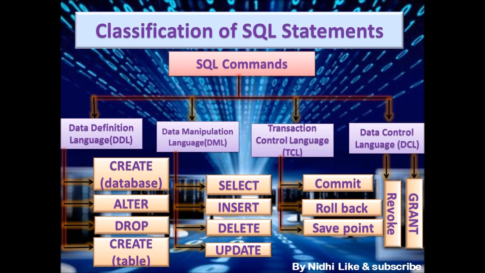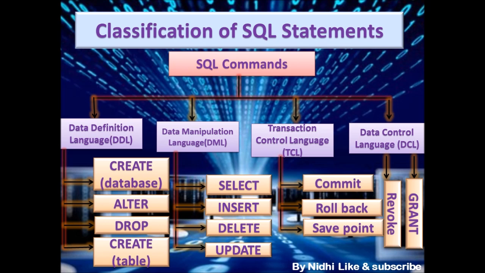DDL includes basically 3 commands: create, alter, and drop. The create command I have classified into 2 parts, because first we have to create a database, and then in that database we have to create a table. So here I have written create 2 times, but it is considered as one, in that we can write create database or table.